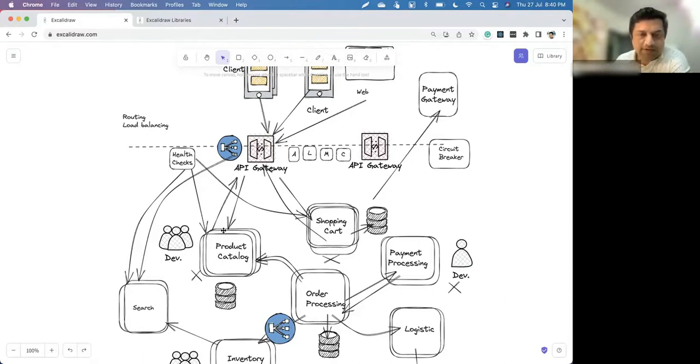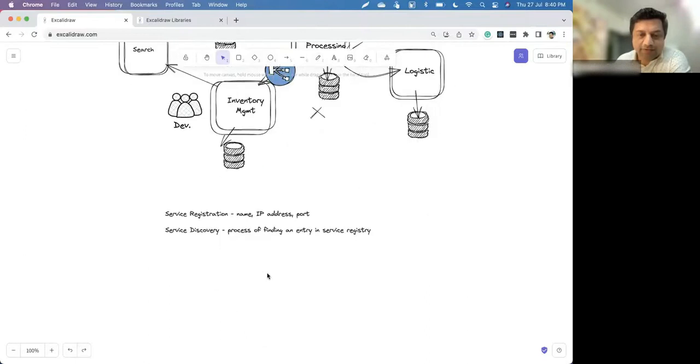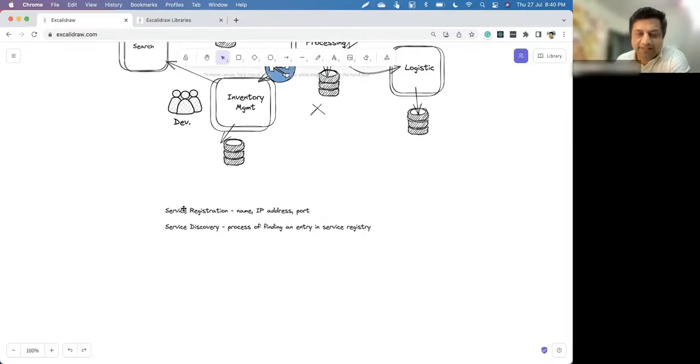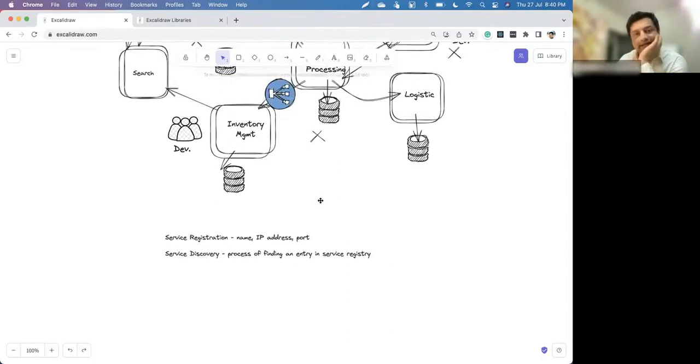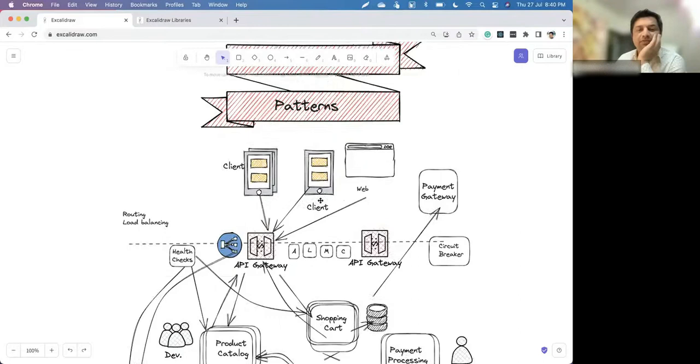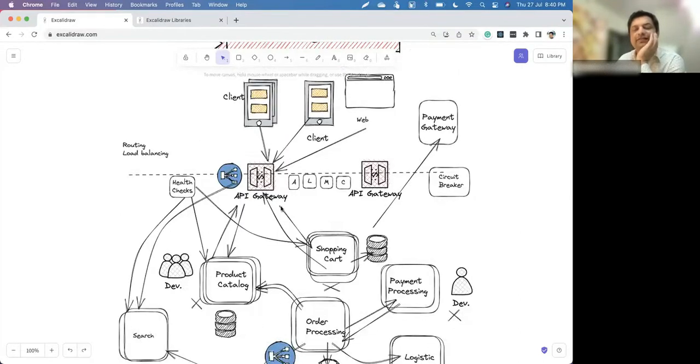It will go to the API gateway and check whether the service is in the service registry, and the API gateway will provide the details of the service, and it will make a call. This process is called service discovery, and this way you can even discover new services and make a call, right?